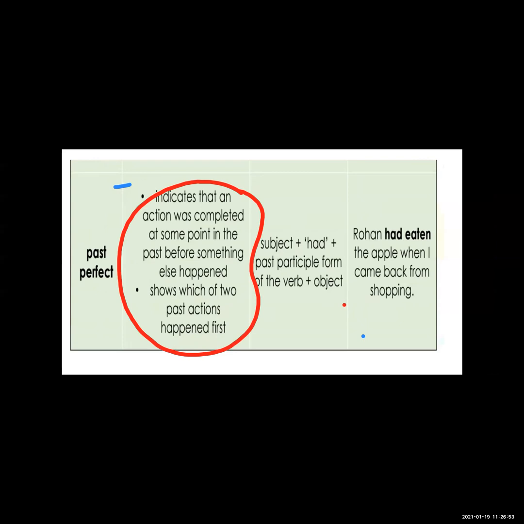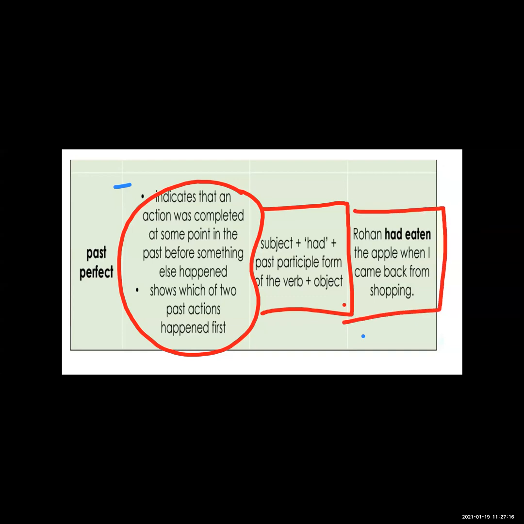Past perfect tense is used to indicate that an action was completed at some point in the past before something else happened. And it also shows which of two past actions happened first. So this is the structure of the past perfect tense, and this is the example.